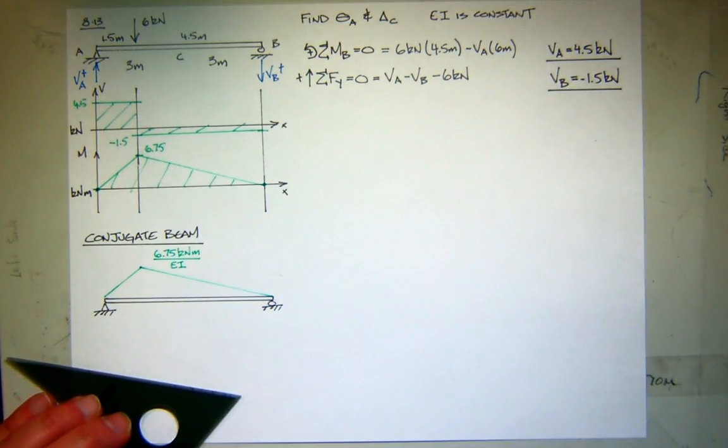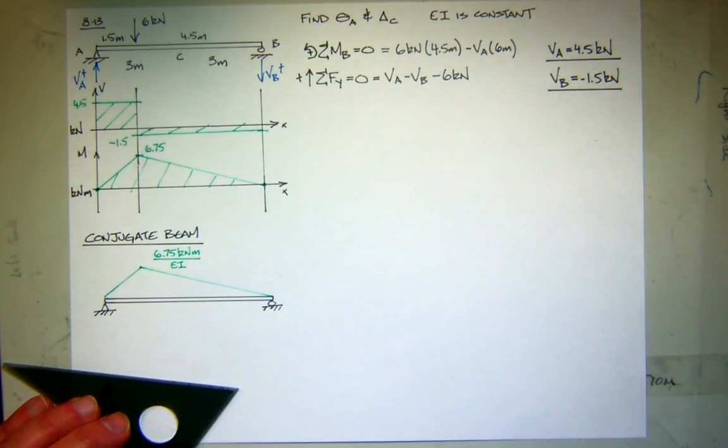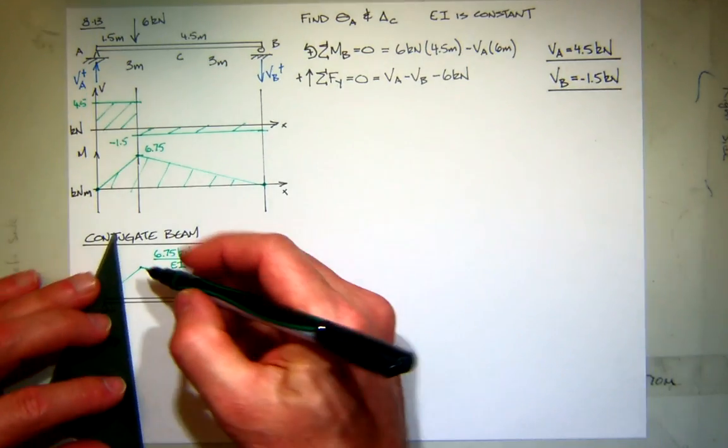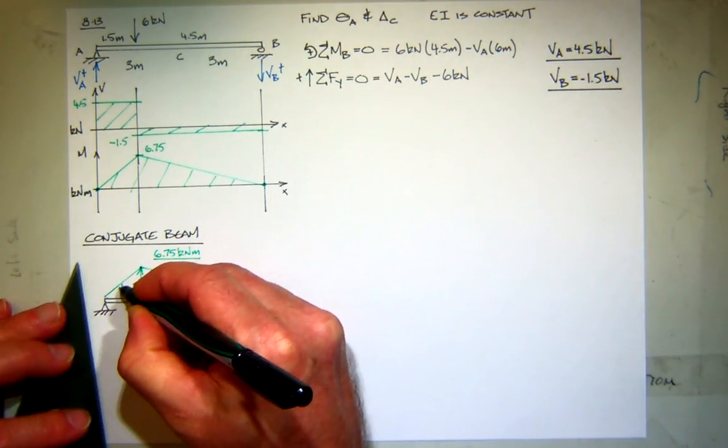So we're just going to drag EI around. We won't actually have to put in the value. Now this moment is positive, right? So what direction is a positive force, up or down? It is up. So in this case, the load looks like this.